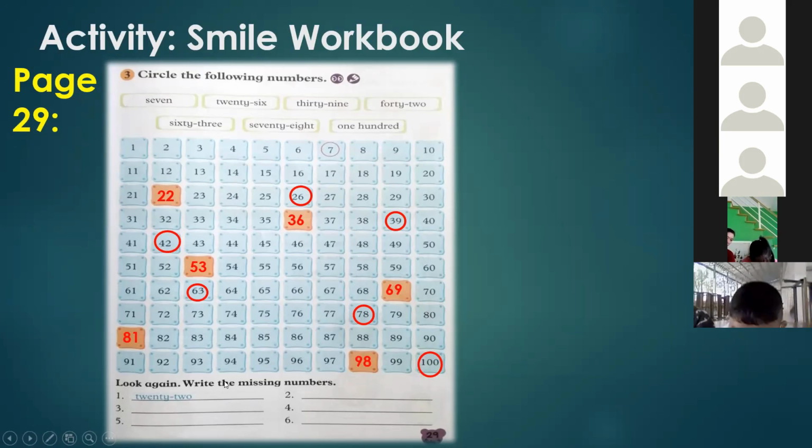Okay, so next we're going to write the words of the missing numbers. How do we spell 22? TWENTY-TWO. Next number is 36. How do we spell 36? THIRTY-SIX.